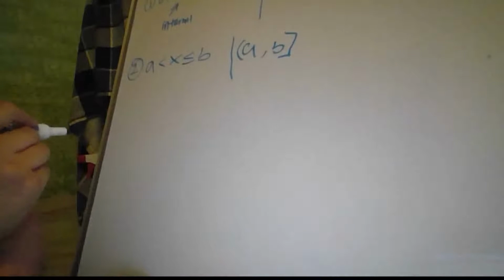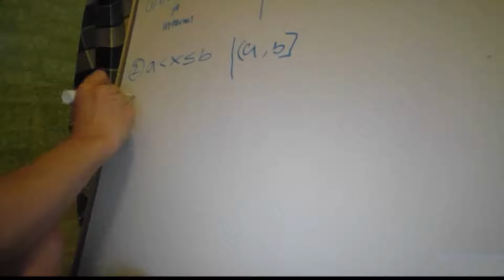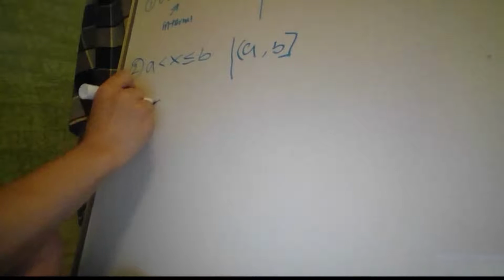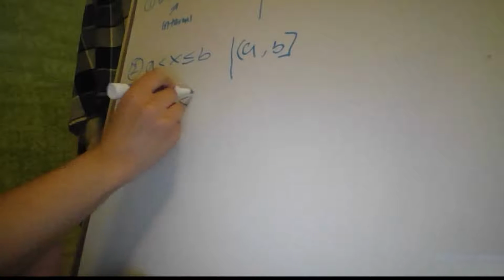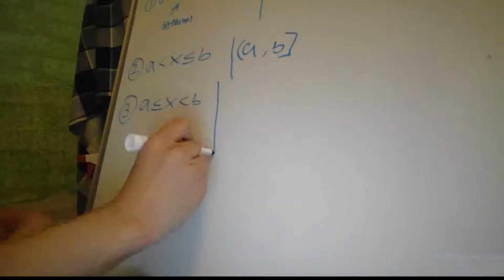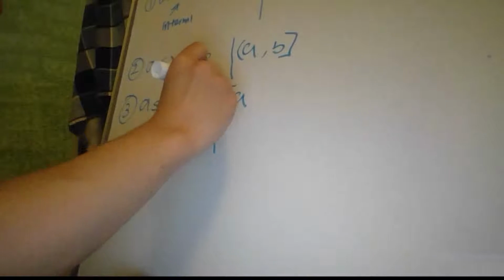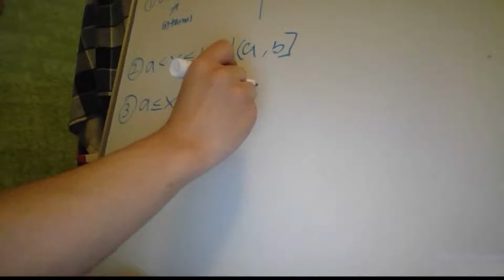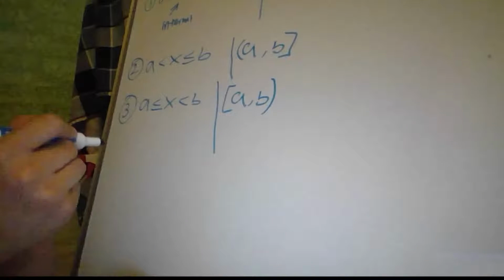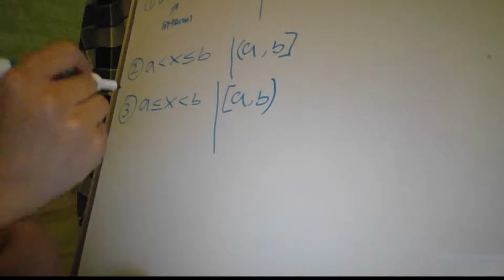That's how you would do it. When we have A is less than or equal to X is less than B, it would be bracket A, comma, B parentheses, okay? That's how you would do it.